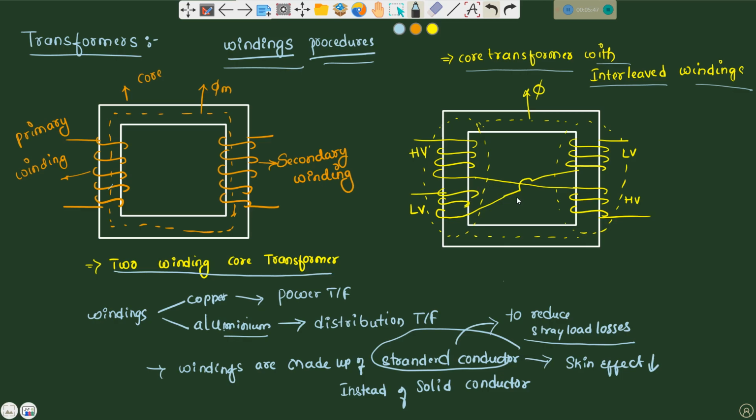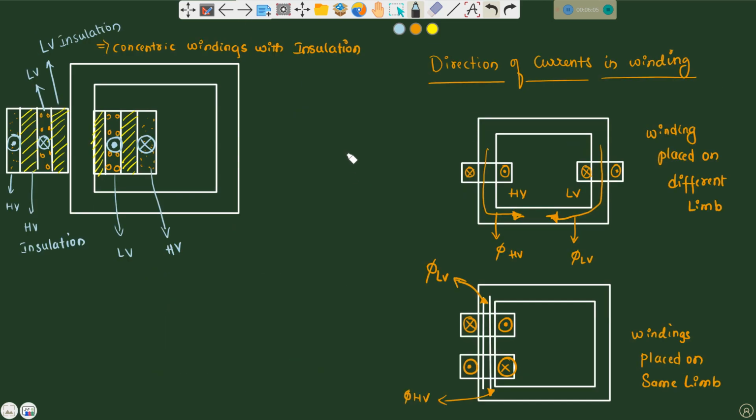This winding procedure is also called concentric winding. I will show you in the next picture. This winding procedure employed in core type transformers is called interleaved and concentric winding. Here you can see the concentric winding, this is how it is made. This is the HV winding, where a dot means current coming out and a cross means going in.